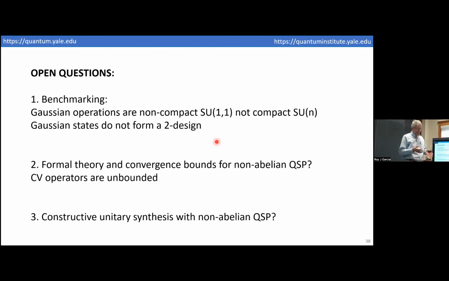But for Gaussian states, you can have unbounded squeezing and unbounded displacements. And yes, you can follow what those Gaussian transformations do, because it's just changing the mean and variance. But we don't really understand how to do an analog of randomized benchmarking.